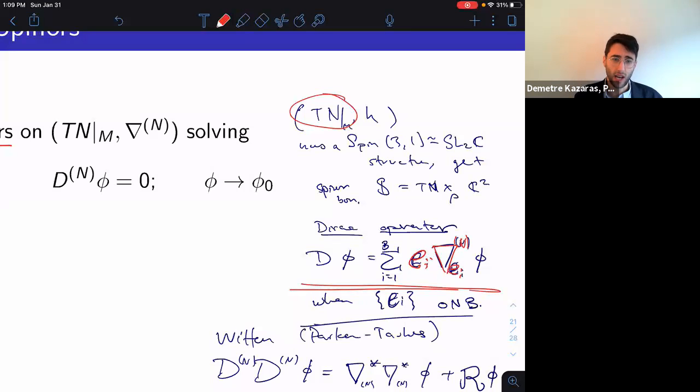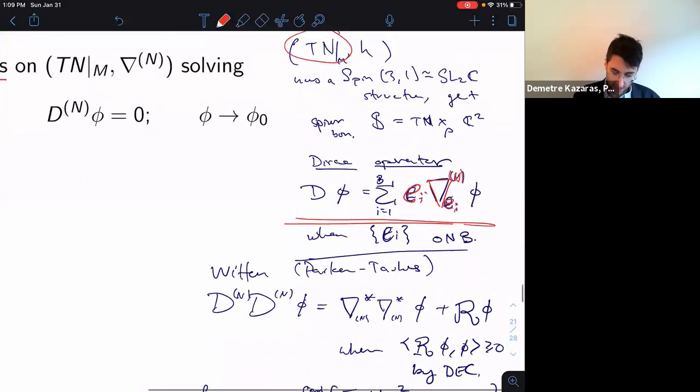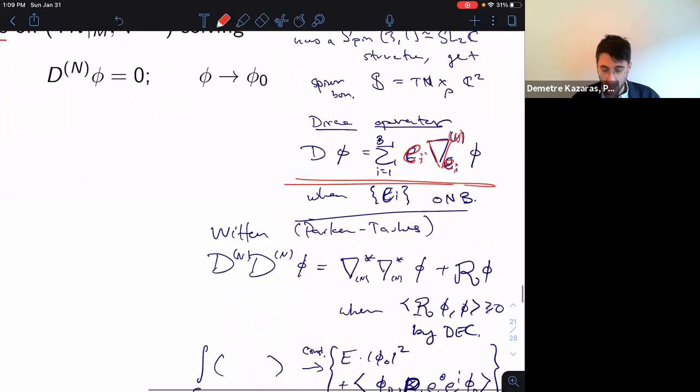It's a very important operator, originally described because it's kind of like the square root of the Laplacian in the following sense. If you apply the Dirac operator twice to a spinor, you get the Laplacian of your spinor, which you get just by applying the gradient.